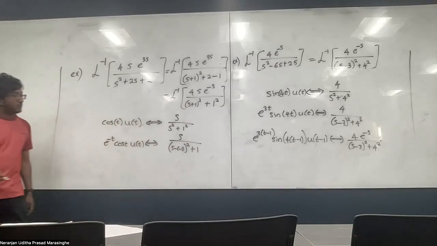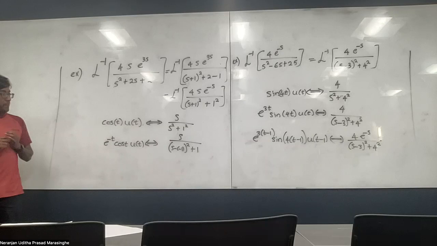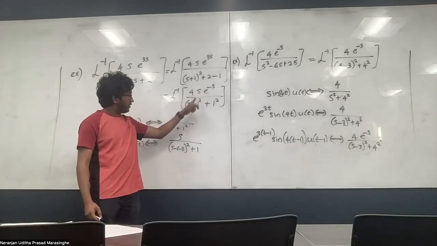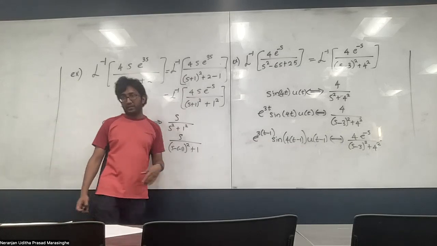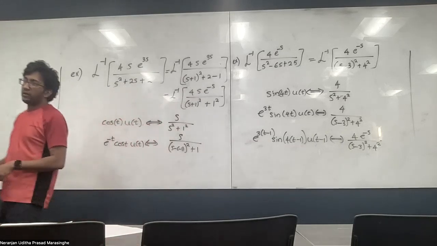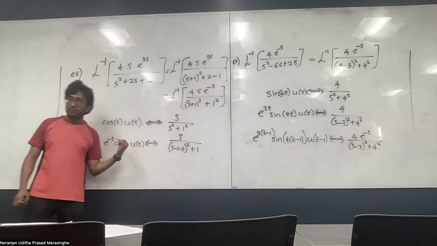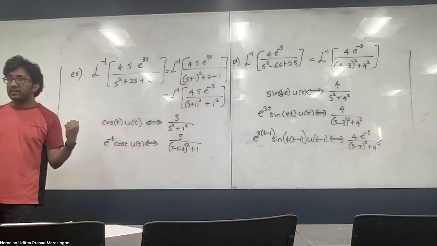Now we are okay with the denominator, and the only missing part is this exponential. Exponential is appearing in the Laplace domain, so what should I do in the time domain? Translation.